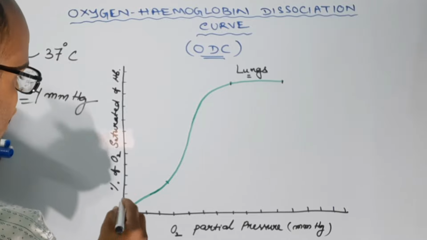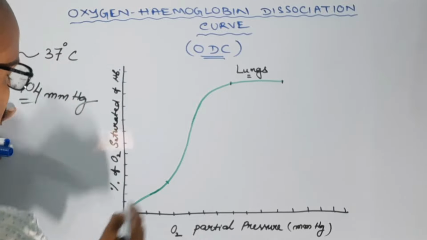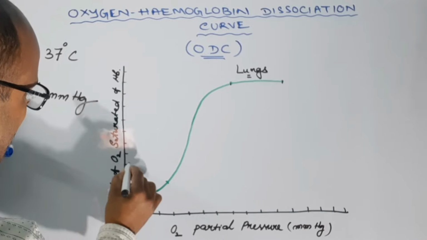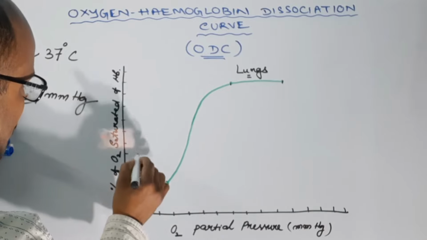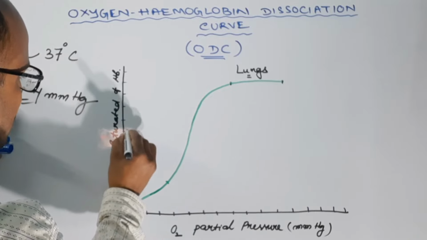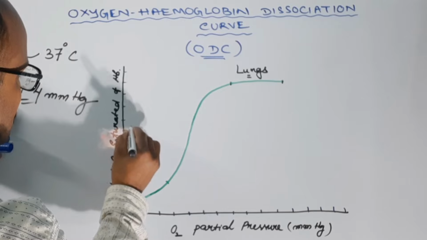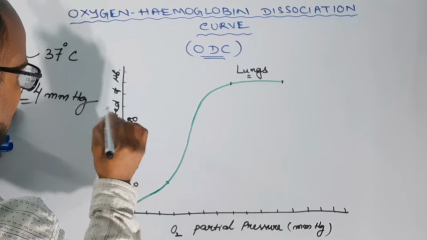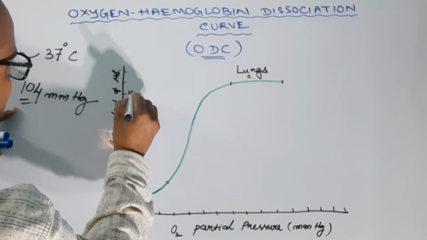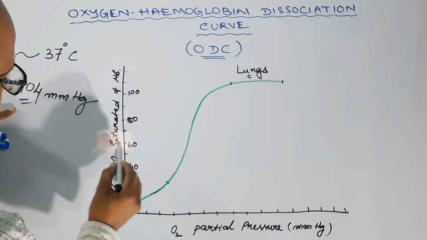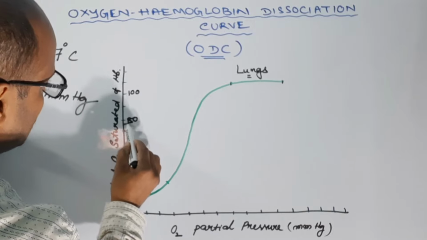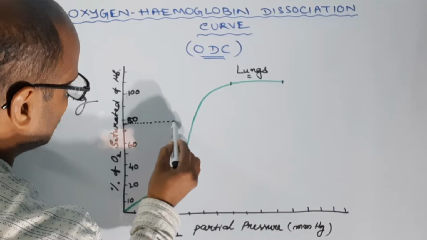Suppose on this axis we have 10, 20, 40, 60, 80, then 100.